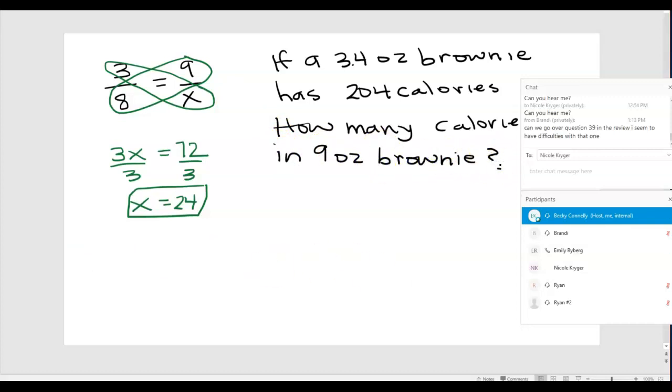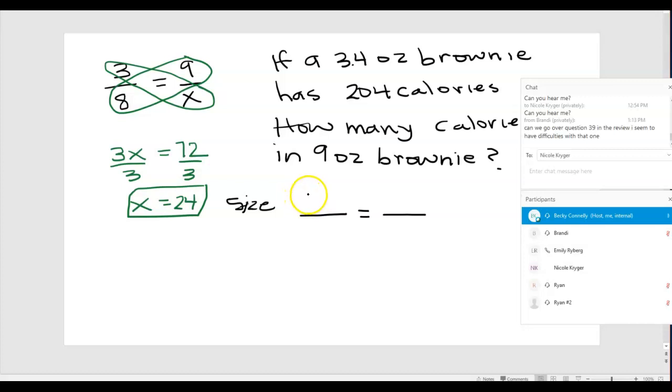Okay. So we're going to set this up as a proportion. We're going to have one fraction equals another fraction. And you want to keep things consistent. Meaning I want to keep the same things on the top and the same things on the bottom. So if I'm talking about the size of the brownie, I'm going to put that on top, and it doesn't matter if you have it on top or bottom, but keep it consistent.